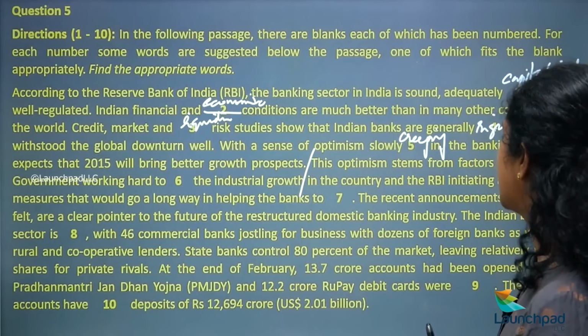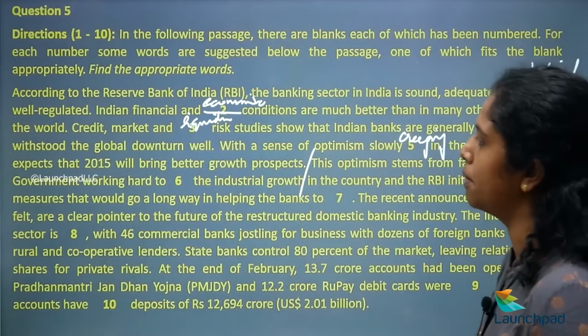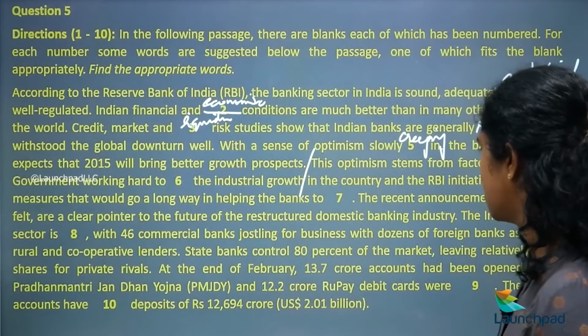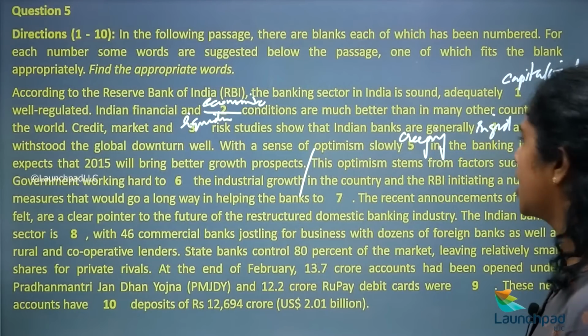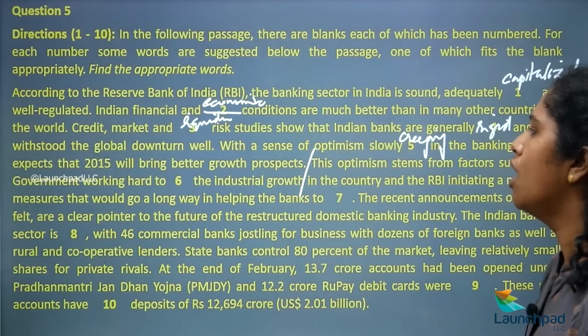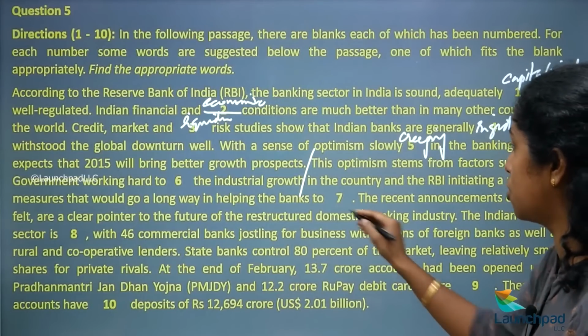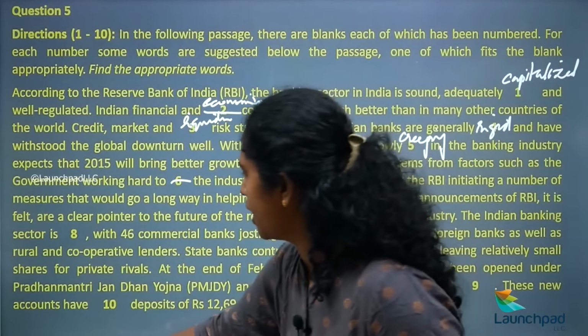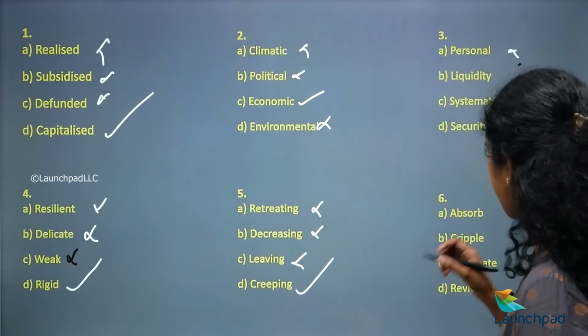This optimism stems from factors such as the government working hard to dash the industrial growth in the country and the RBI initiating a number of measures that would go a long way in helping the banks to dash. So two blanks in the same sentence. So working hard to, what is 6?